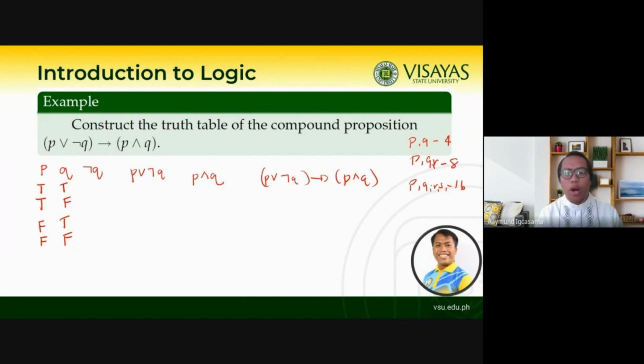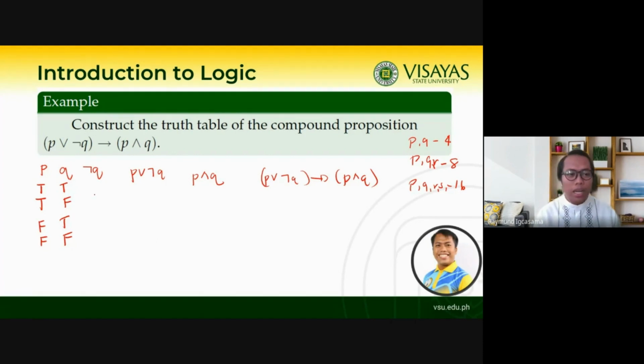Pero kung PQRS na, mahimo nag 16, so 8 ka true, 8 ka false. Tapos, upat ka true, upat ka false, upat ka true, upat ka false. Tapos, lain nga linya, duha ka true, duha ka false, duha ka true, duha ka false. Tapos sa S, true, false, true, false, true, false. So, mao na ang pattern.